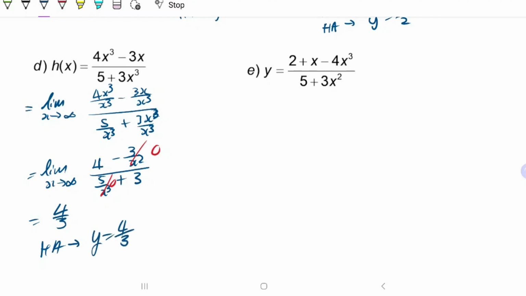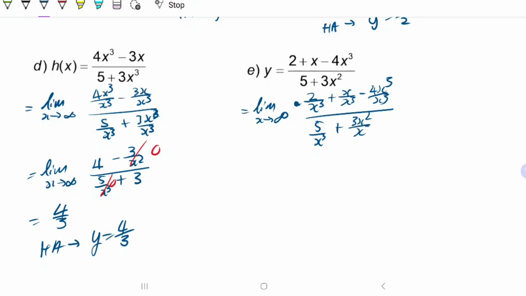So let us do the last question here. In this case, we'll do the infinite limit. The highest power we have is x to the 3, so this will become 2 over x to the 3 plus x over x to the 3 minus 4x to the 3 over x to the 3, divided by 5x to the 3 plus 3x squared over x to the 3. I think we can simplify that for ourselves now.